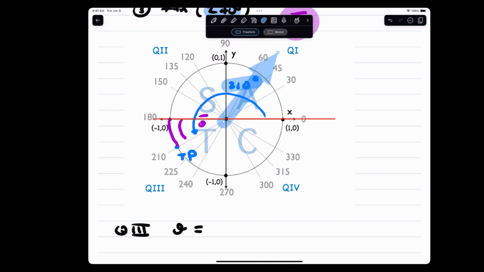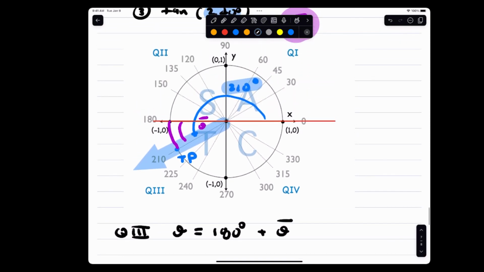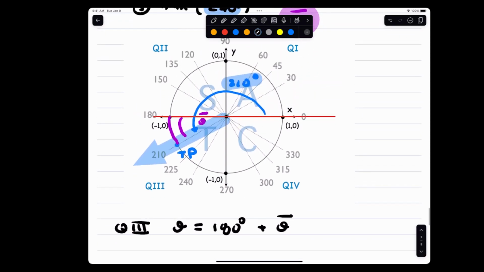This is going to be 180 plus a reference angle. Quadrant 3. And that's an important thing to know.